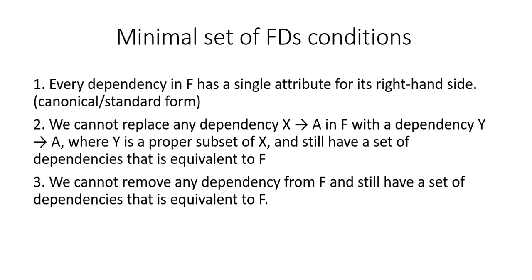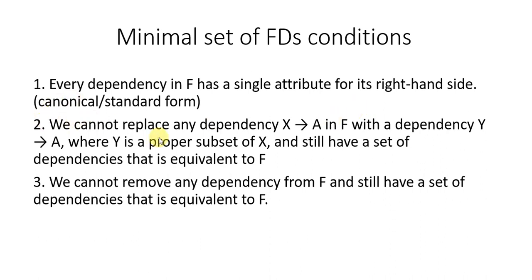The second condition is that we cannot replace any dependency X to A in F with a dependency Y to A, where Y is a proper subset of X, and still have a set of dependencies that is equivalent to F. Which means we should not have this kind of extraneous attributes.